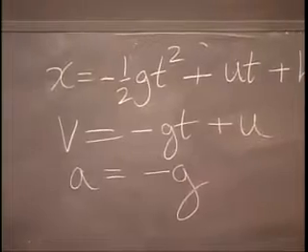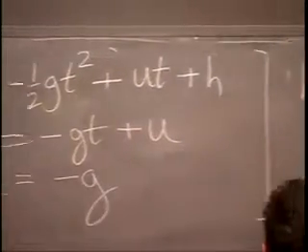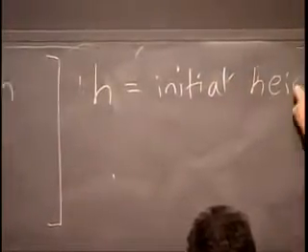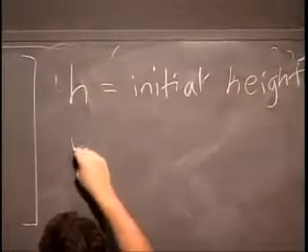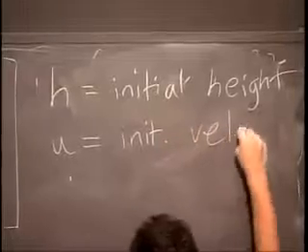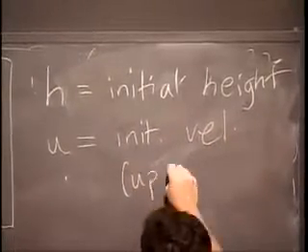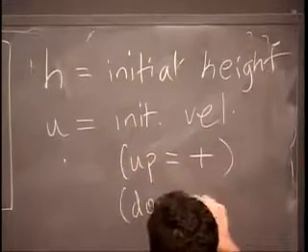And I ought to say what these things are. This is assuming that h is the initial height, and u is the initial speed or velocity. And don't forget that if you throw it upwards, that's positive. Down is negative.